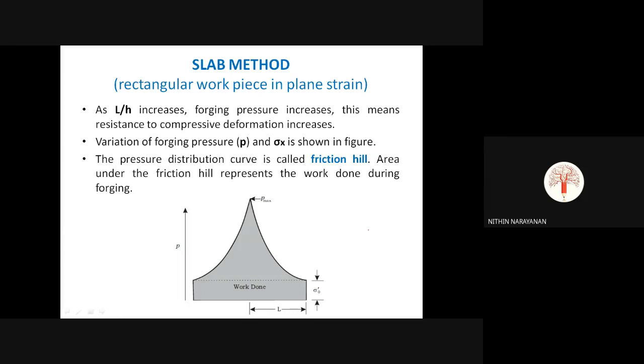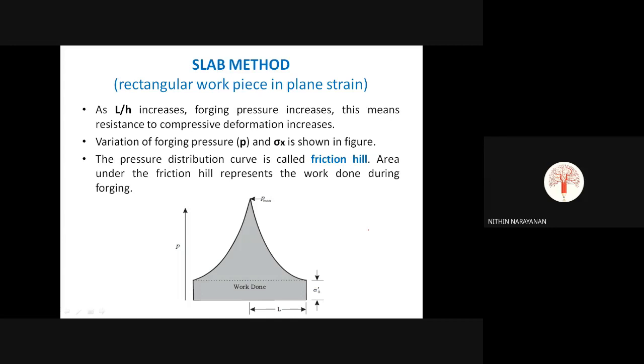The area under the friction hill represents the work done during forging. For this sliding or slipping condition, the curve is shown here.